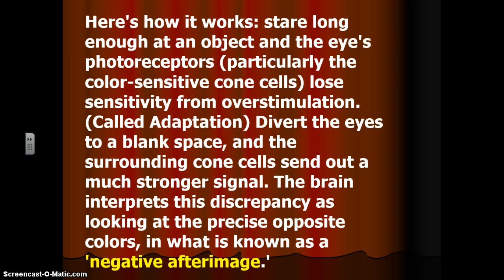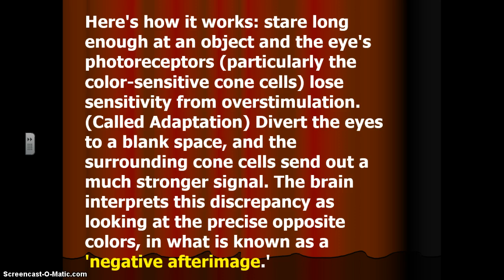By the same token, once you stare at something for long enough, eventually your brain stops getting that message. When you divert your eyes onto a blank space, the surrounding cone cells send out a much stronger signal, and the brain interprets this as looking at the opposite of what you were just focused on.